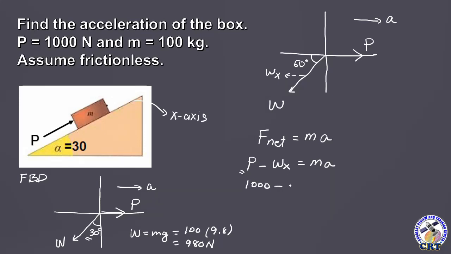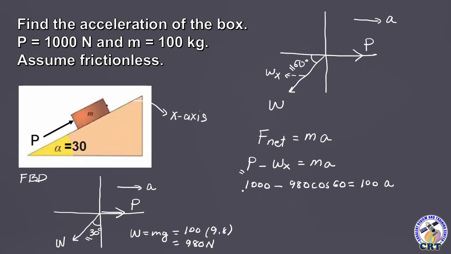Wx is W, which is 980. And since this is X component, we will be using cosine of the angle 60. Equals, mass is 100 kilograms and the unknown acceleration.